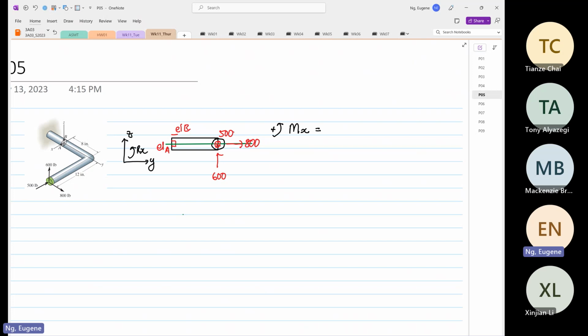So this will be equal to 600 multiplied by 8. Yeah, so 600 times 8 is equal to 4,800 pound-inch. And this is the direction.